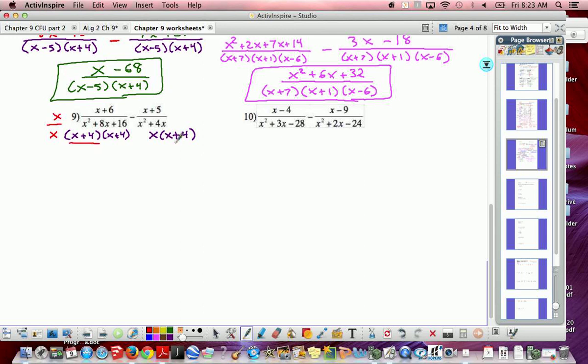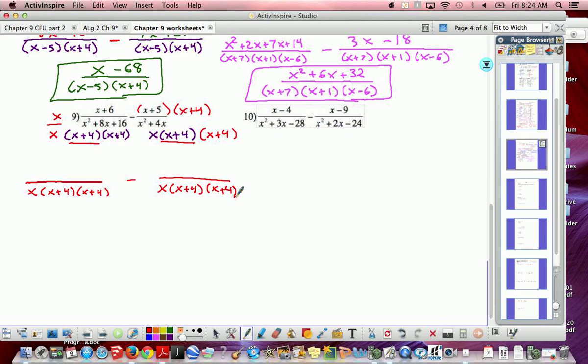Since they share an x plus 4, this one still needs the x, this one still needs another x plus 4. So now my common denominator is x times x plus 4 times x plus 4. I'm subtracting, so I'm going to rewrite that denominator here.